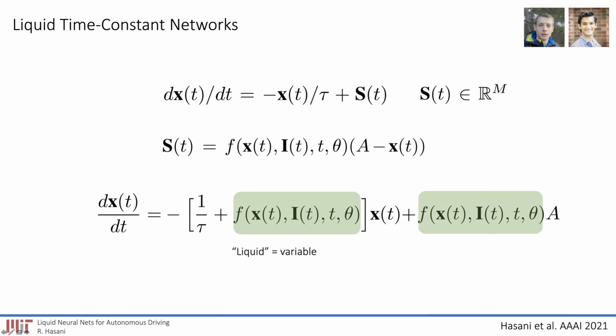So this element here is 1 over the time constant of the entire system. And based on the inputs that come to the neural network, the time constant of the overall hidden state dynamics changes. Therefore, the behavior of the dynamical system changes. So that's why we call them liquid time constants.